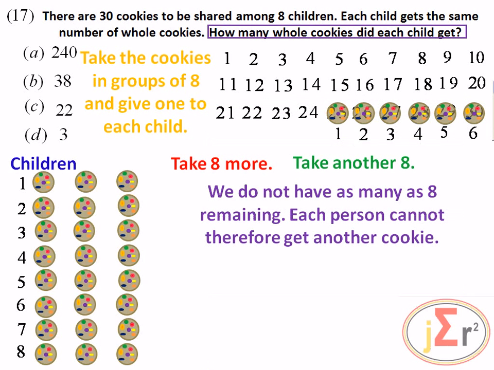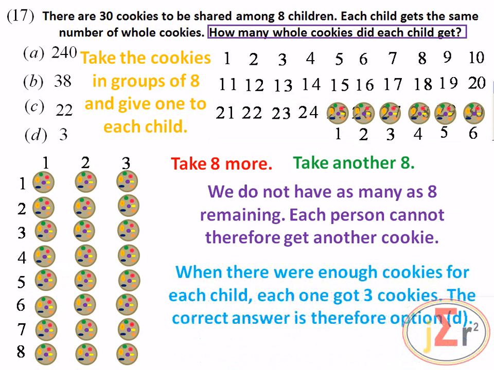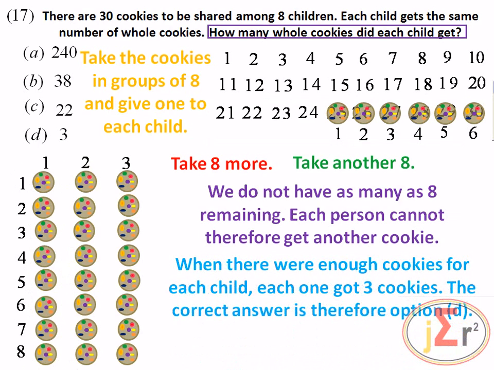How many whole cookies did each child get? So 3, right. Each one got 3 cookies. When there were enough cookies for each child, each one got 3 cookies.